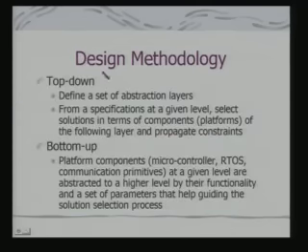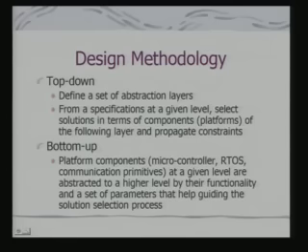So the design methodology is a combination of top down and bottom up. The top down design defines a set of abstraction layers. From specifications at a given level, select solutions in terms of components which are platforms of the following layer, and propagate constraints. That means you have to know what components you require in terms of the functionalities that your application requires, and those components would put in constraints, and those constraints you need to propagate to get to the actual instance.